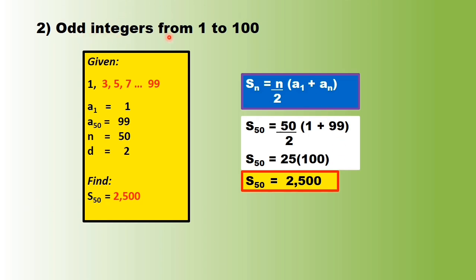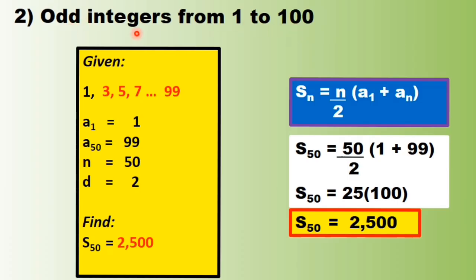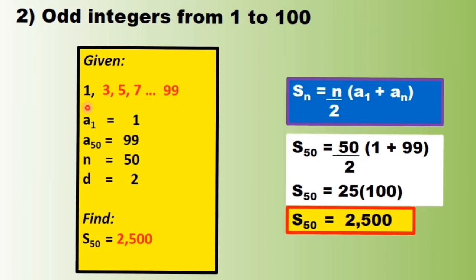Add integers from 1 to 100. So, yung mga add integers, yan yung mga 1, 3, 5, 7, hanggang 99. Kasi yung 100, even numbers na siya. So, hanggang 99 lang siya. So, ang a1 mo or yung first term ay 1 at ang last term mo or yung a sub 50 mo ay 99.